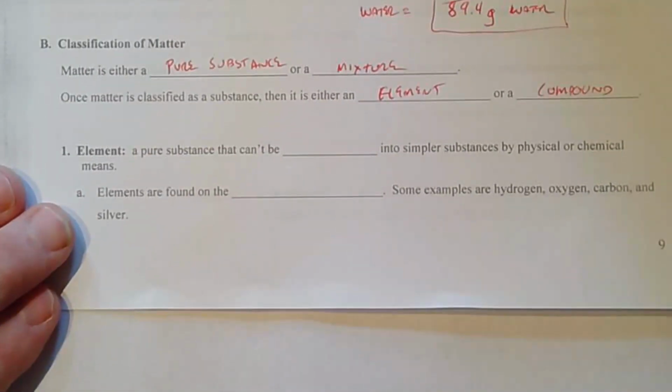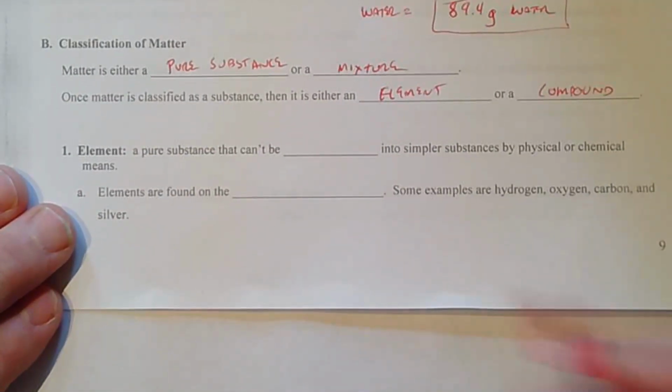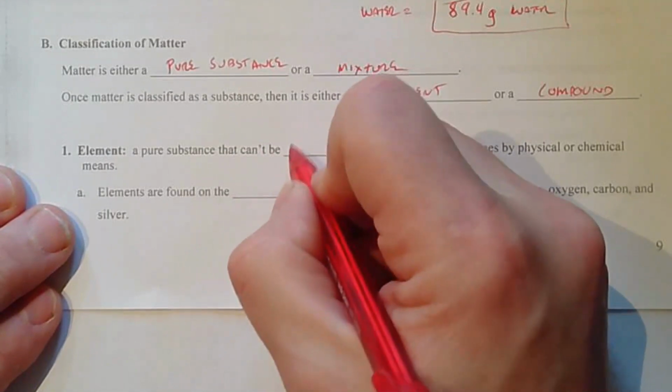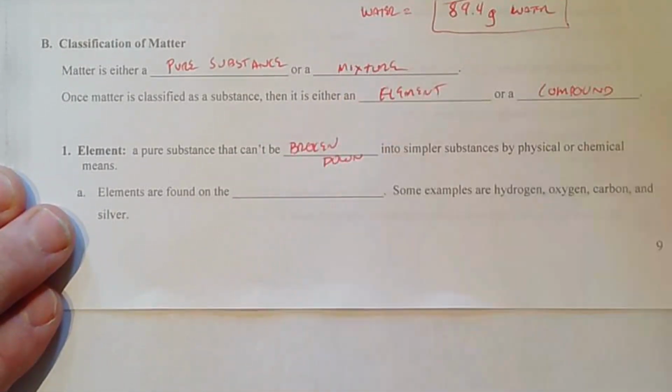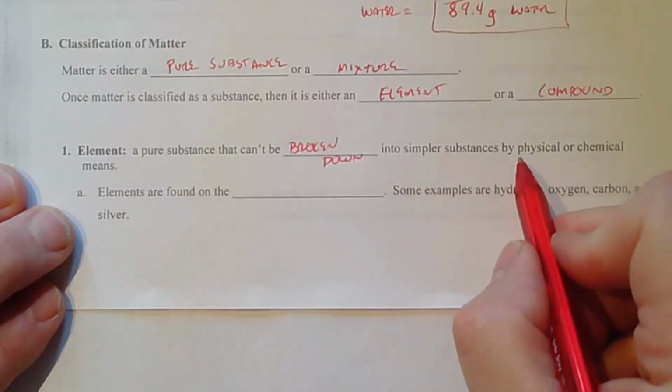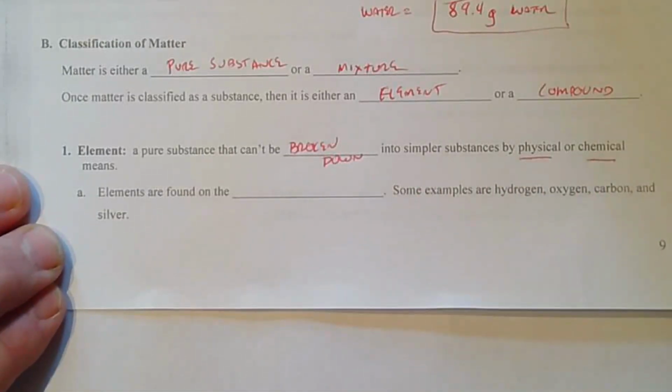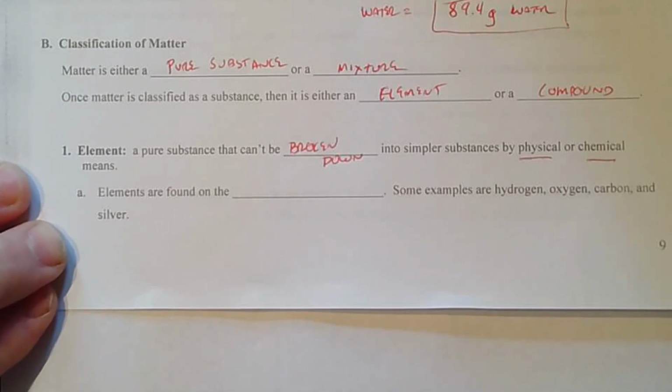So if we look at this first one, an element, these are pure substances that cannot be broken down into simpler substances by any physical or chemical means. Okay? You are not able to break an element down into anything further through a chemical means.